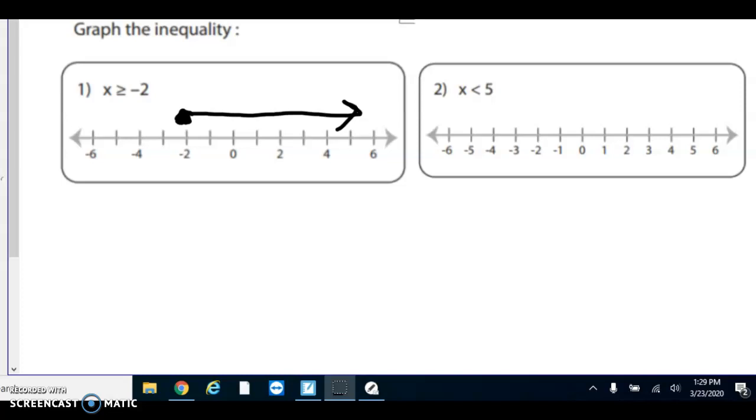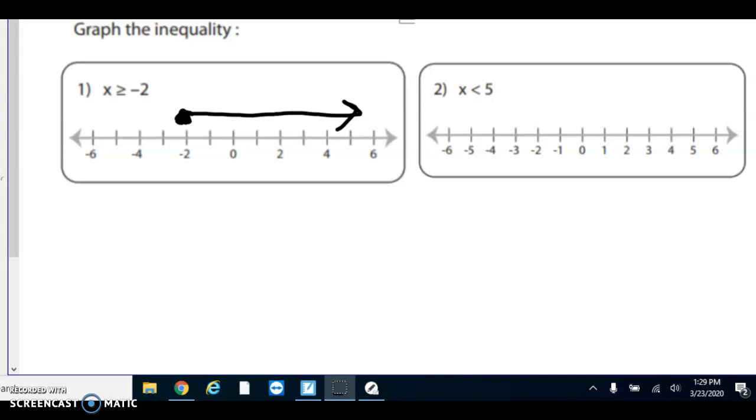Okay, now I would like you to try graphing x is less than 5. Please pause the video, make a number line, and graph. So my first question is, what type of dot did you pick at 5?